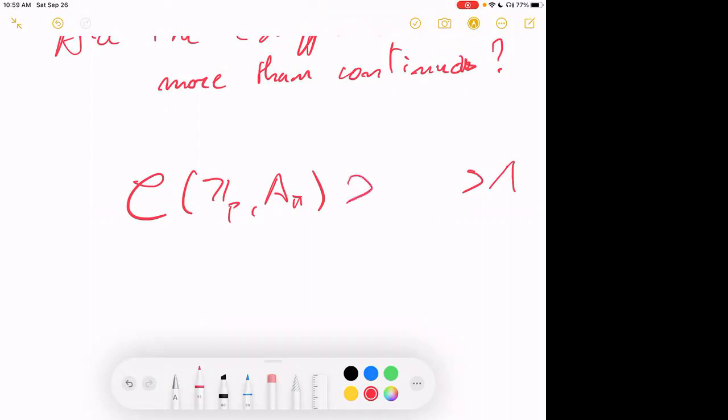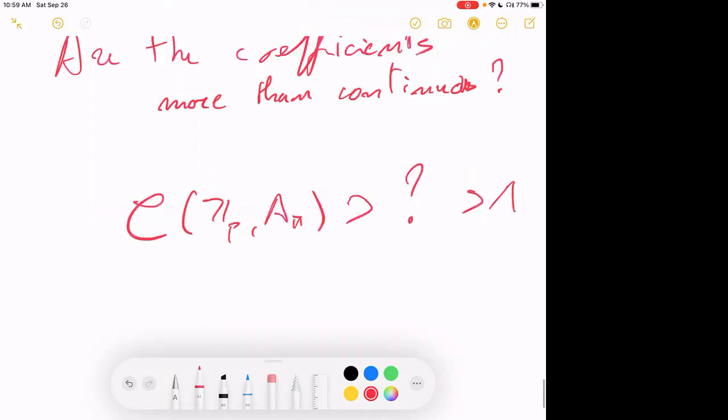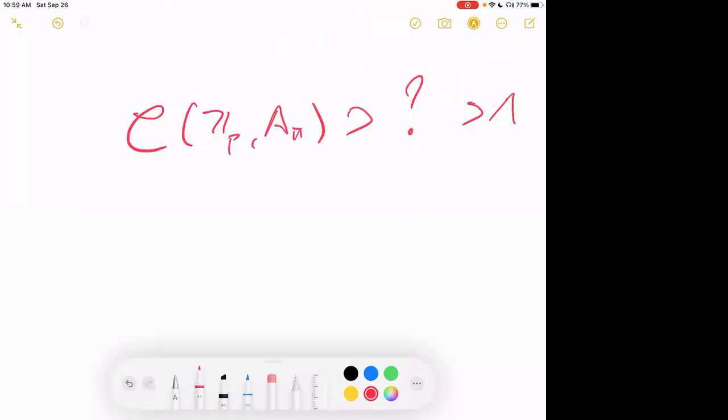And is there a space inside that is geometrically nicer maybe than just this Z_p? And well, this is another open problem, something that we don't know. And in the last minute, just one other thing.